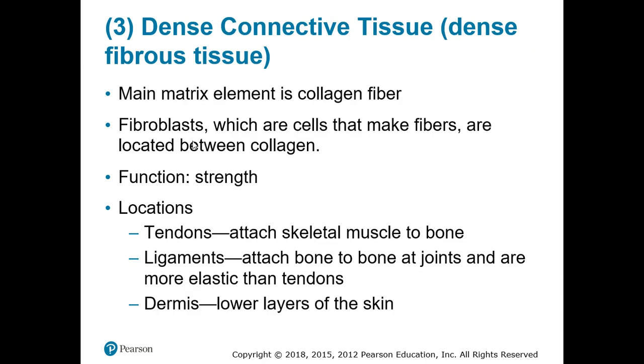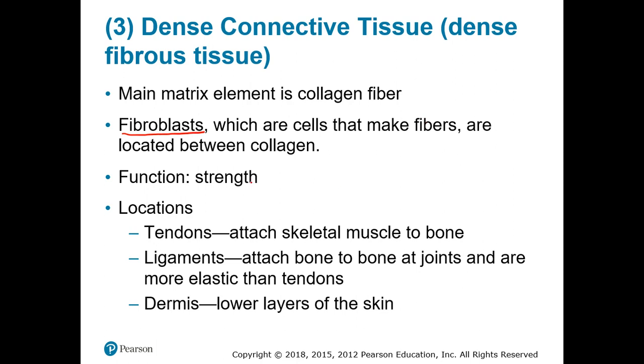The third type is called dense connective tissue, or in other words, dense fibrous tissue. This matrix is mostly made up of collagen fiber, hence it's still relatively tough. It's right there in the middle. But located throughout those collagen fibers are something called fibroblasts. Now, fibroblasts, they're just cells that make fibers.